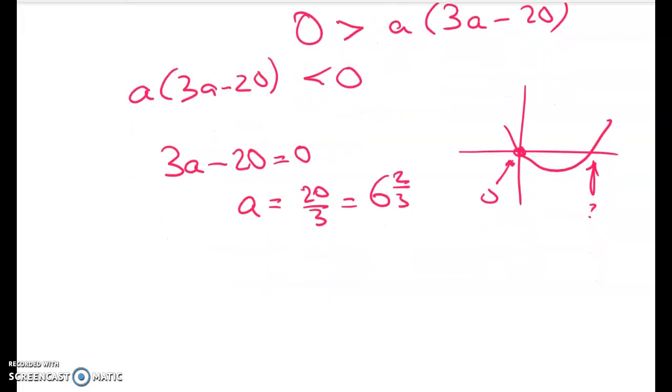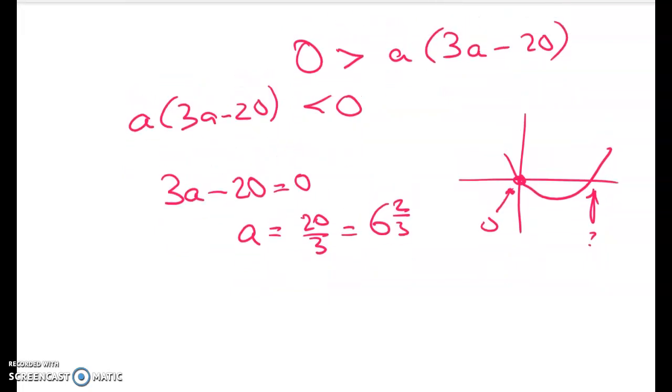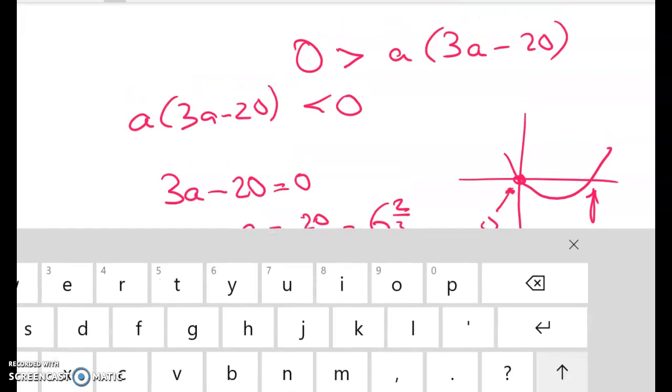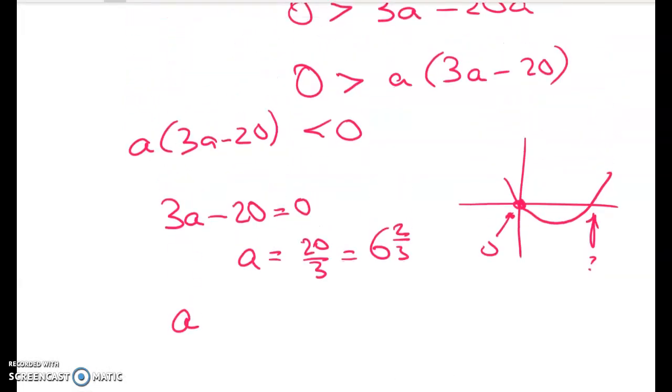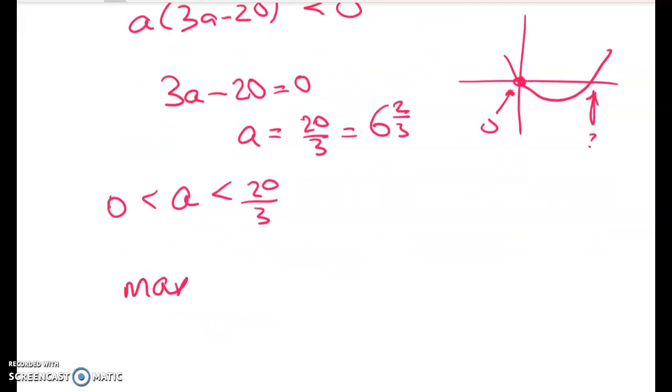So a has to be less than 20 over 3, between those values, and then our condition is satisfied. So the maximum value of a is 6.